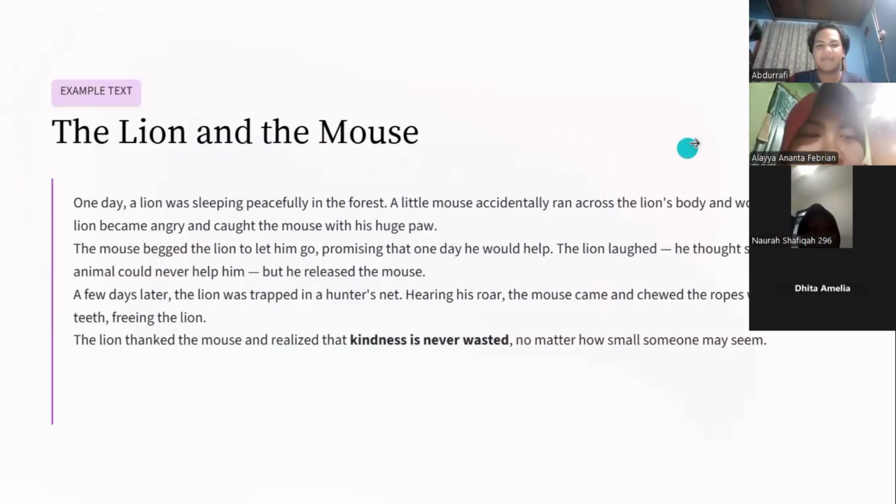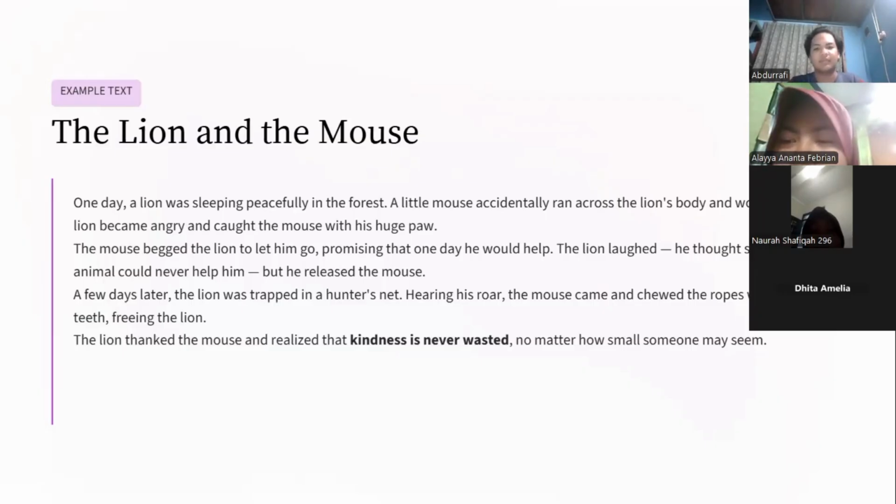Yes, Mister. The Lion and the Mouse. One day, a lion was sleeping peacefully in the forest. A little mouse accidentally ran across the lion's body and woke him up. The lion became angry and caught the mouse with his huge paw. The mouse begged the lion to let him go, promising that one day he would help. The lion laughed.